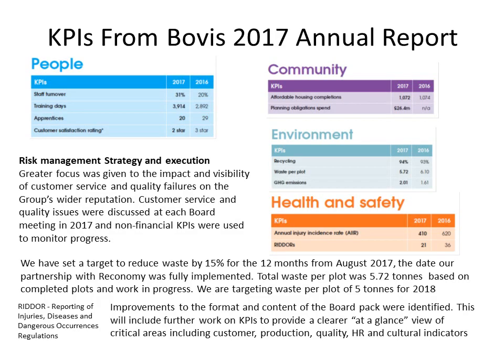This is taken from Bovis's annual report. Now, strictly we shouldn't do too much research, but it's useful to see what KPIs they're actually using and the areas that they're measuring: people, community, environment, health and safety, and they've got targets here on waste reduction. So strictly this is not in the case, but it's useful.